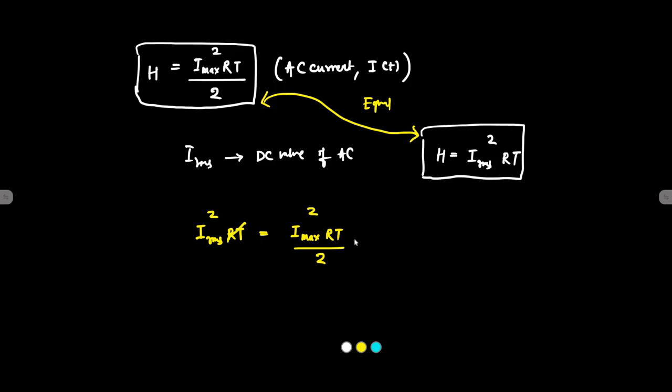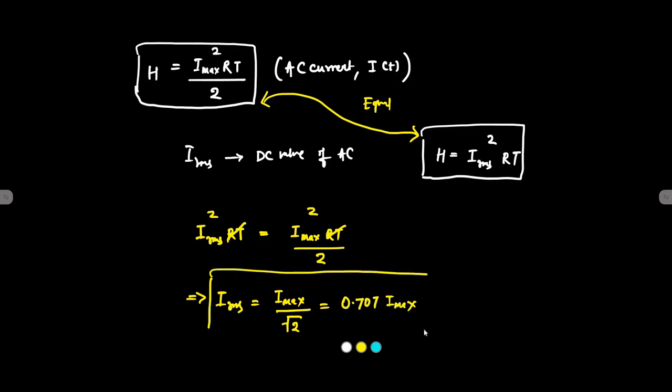So R T will get cancelled. That implies I RMS square is equal to I max square by 2, so I RMS is equal to I max by root 2, which is equal to 0.707 I max. This is the RMS equivalent value of the alternating current.